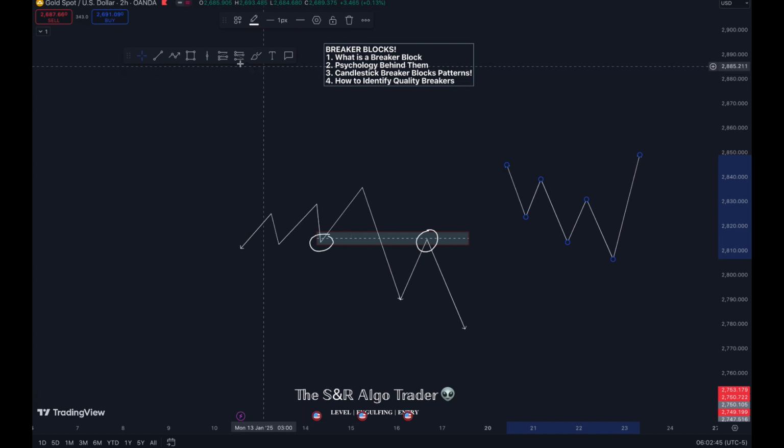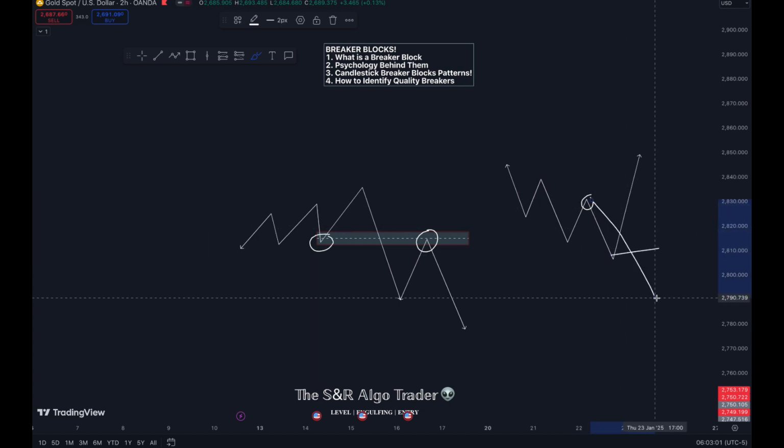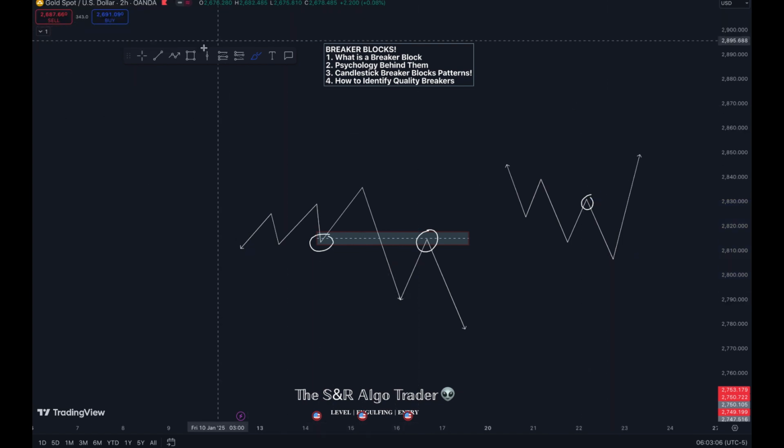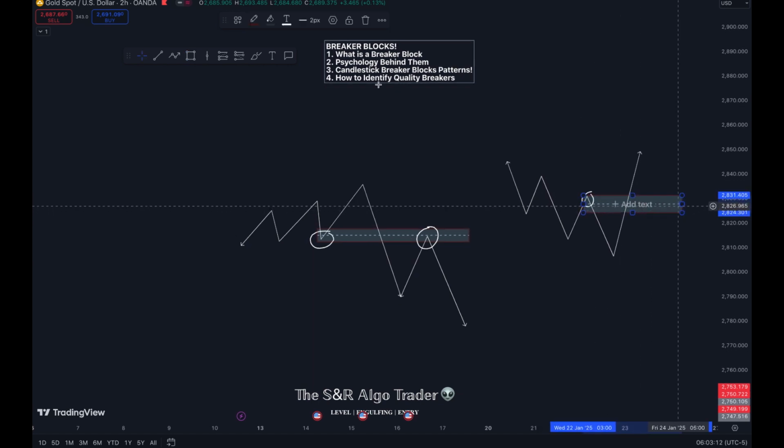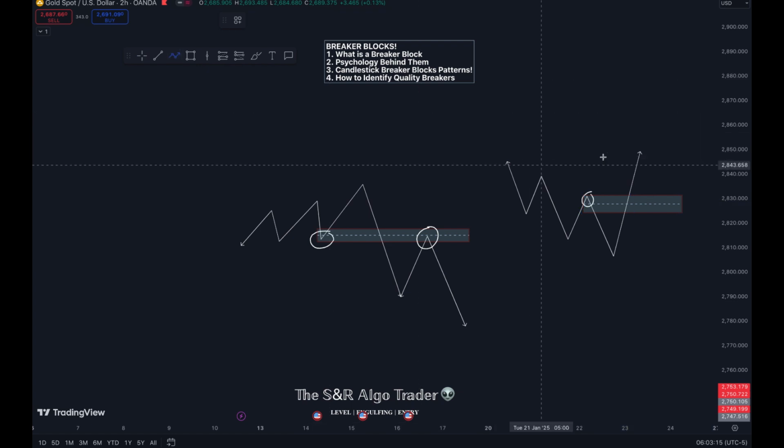This zone becomes a breaker block because it failed to push price to break the structure and become a new lower low. So anytime price reverses and comes to this zone, it's supposed to respect it and push upwards. That's the concept for the bearish scenario.